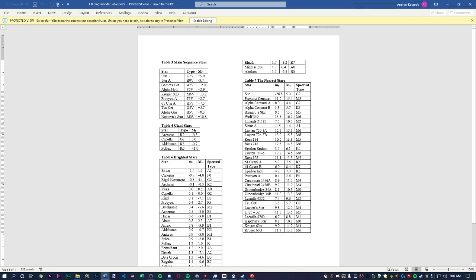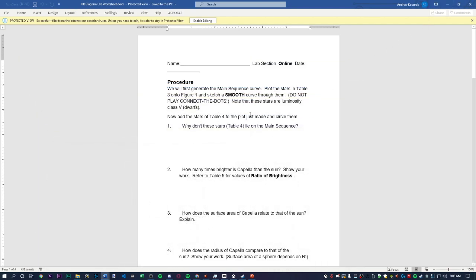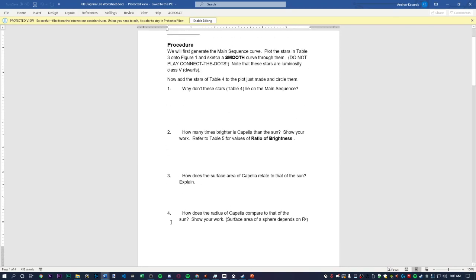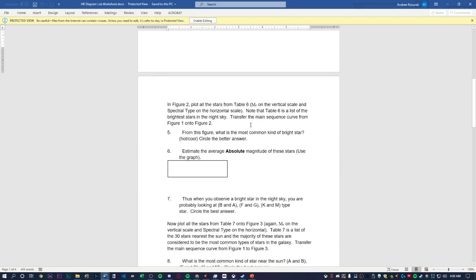These are giant stars. So you're going to add Arcturus, Capella, Aldebaran, and Pollux to that curve. And I will get to these questions here in a minute.